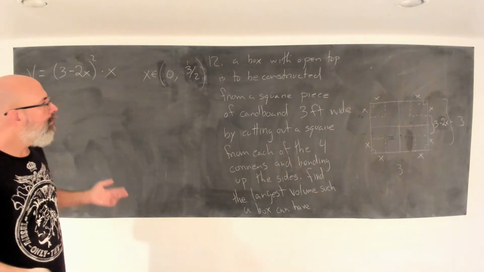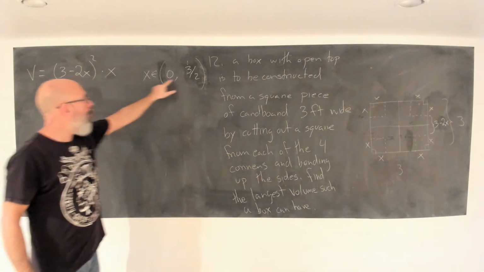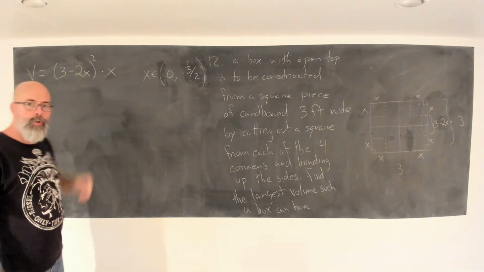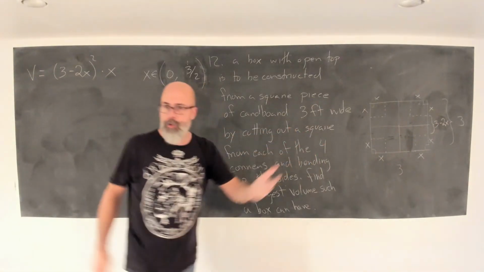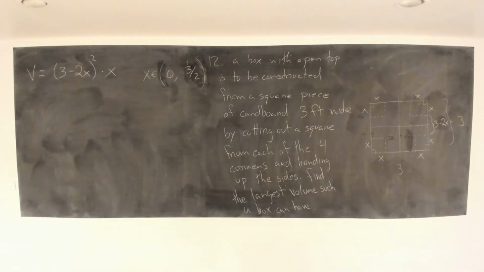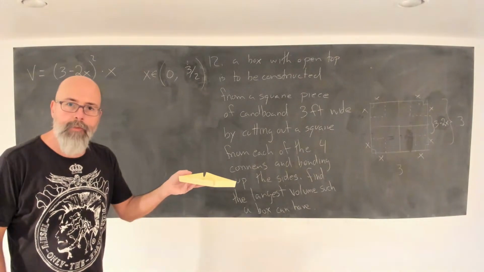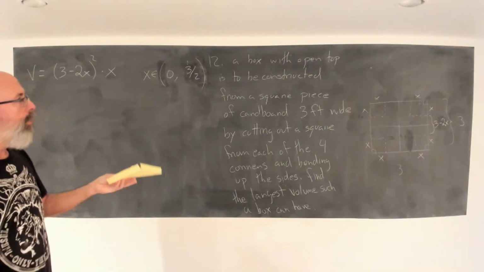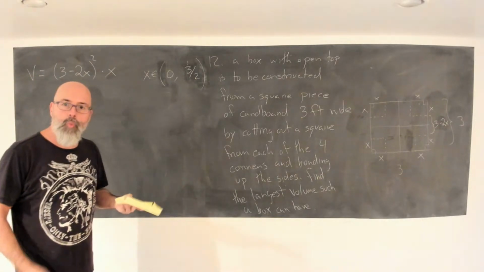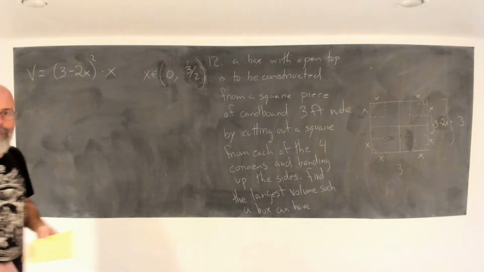But at these endpoints, the volume is 0. And you have well understood that if your squares are very small, you do have a positive volume. So the endpoints will not play a role.